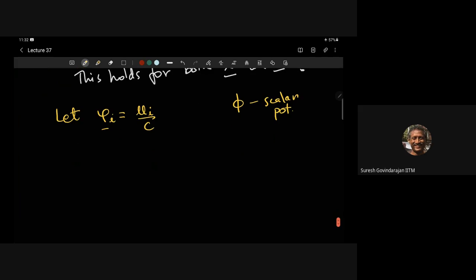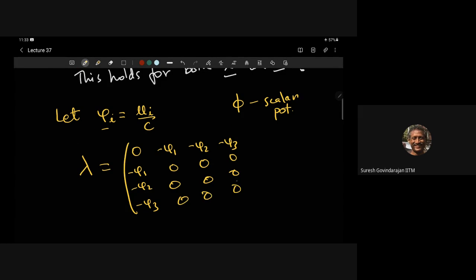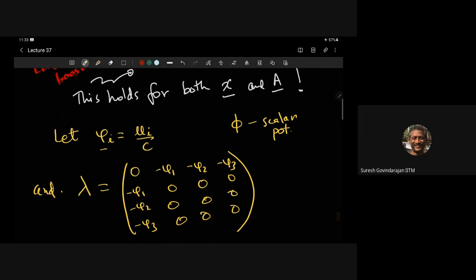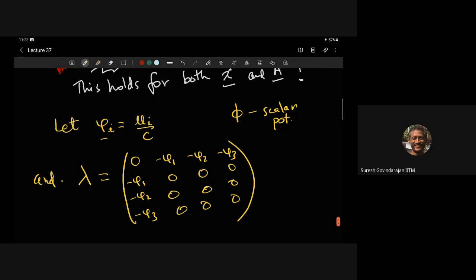And let lambda be this 4x4 matrix, which I'll write here as 0, minus phi 1, minus phi 2, minus phi 3. We'll call this phi, it's dimensionless, and we'll give it a name, we'll call it rapidity.